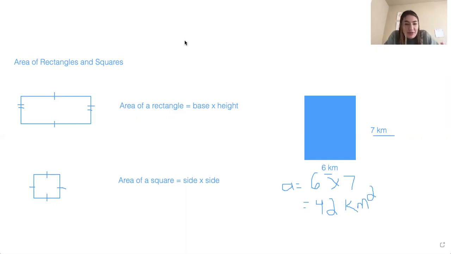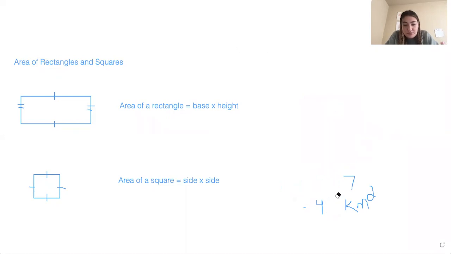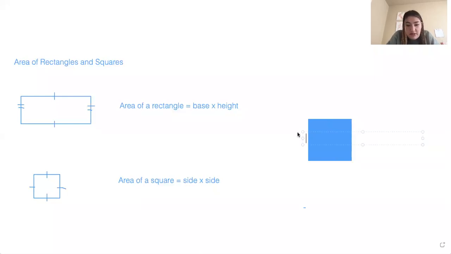Okay, let's try another one. Let's do a square this time. What is the area of the square? It just gives us 8, because you can't see.